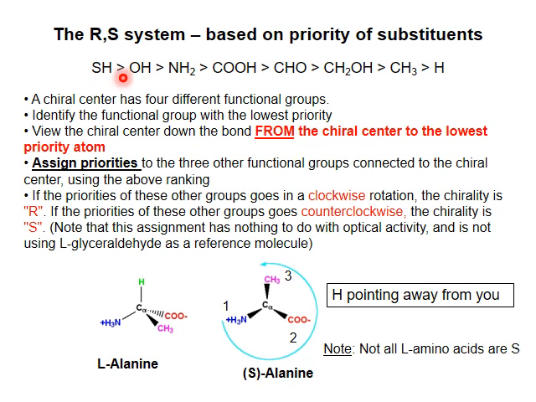Based on the different functional groups, we have a priority. And in this case, SH would be number 1, and OH would be number 2. This would get the higher priority of numbering. And you may recall when you're doing these Fischer projections in organic chemistry, you had to look at the substituents and prioritize them based on what was attached to the carbon atom.